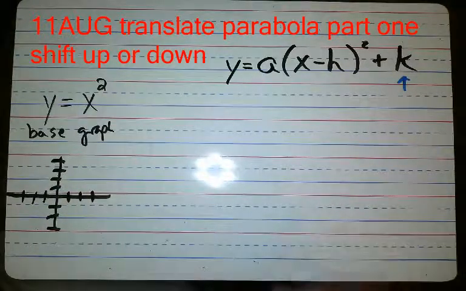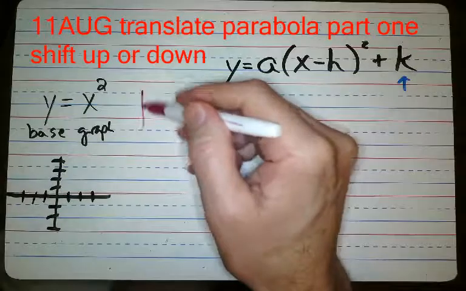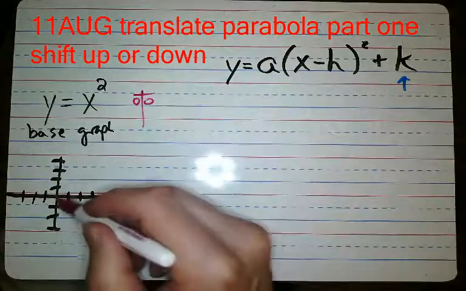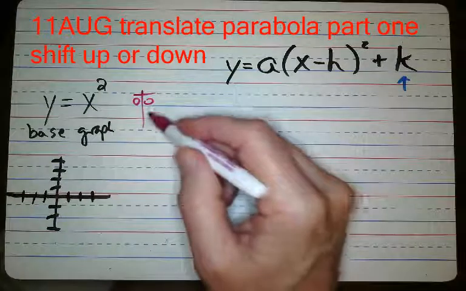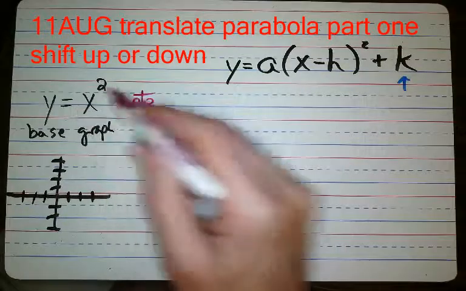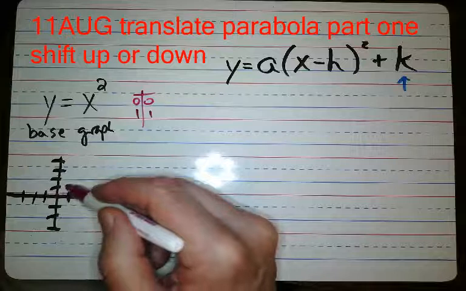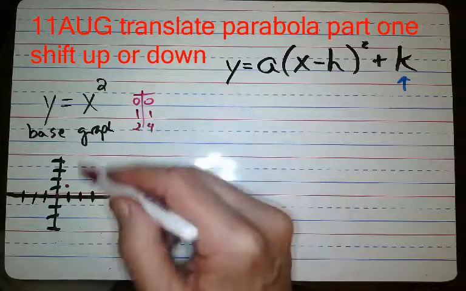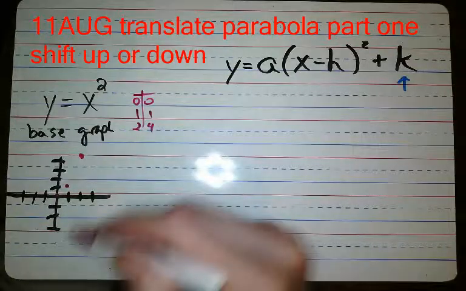At 0, 0, we have a dot. And then at 1 squared is 1, we have a dot. At 2 squared is 4, so we have another dot.